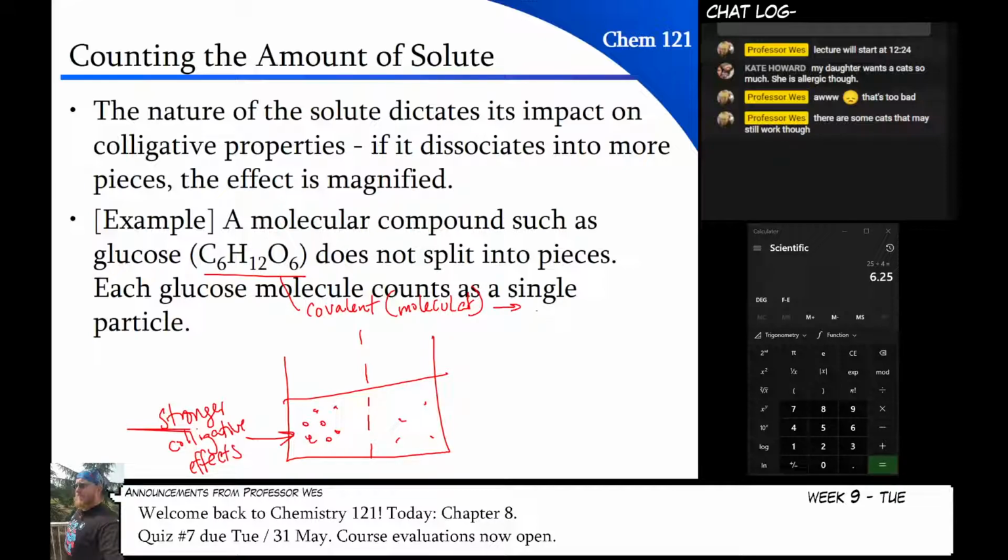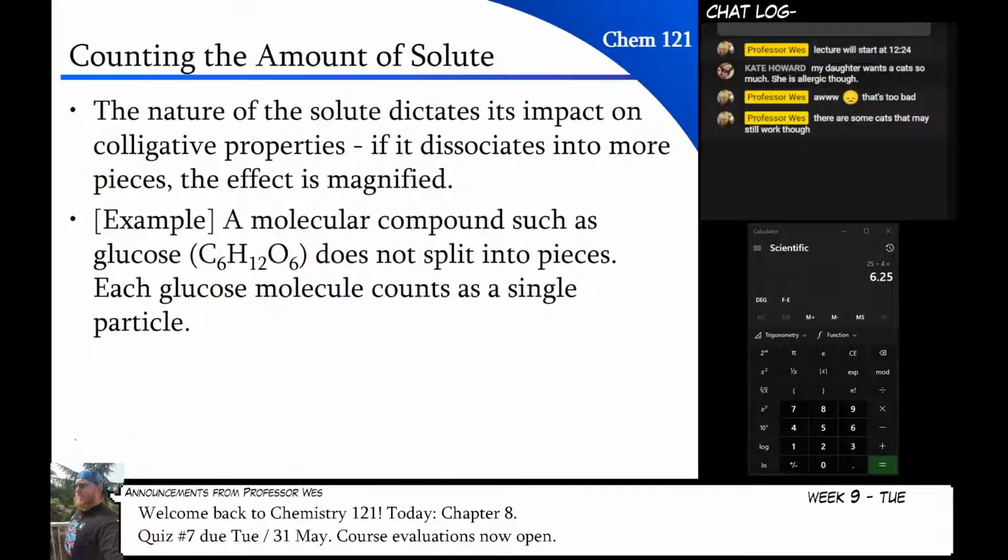And what that means is that it does not dissociate. Or in other words, it doesn't split into ions. So if you put sugar as glucose into your solution, you're going to get a bunch of little individual glucose molecules. And they'll all have the formula C6H12O6. So we would say, okay, glucose contributes 1 molecule per glucose. And it's itself.